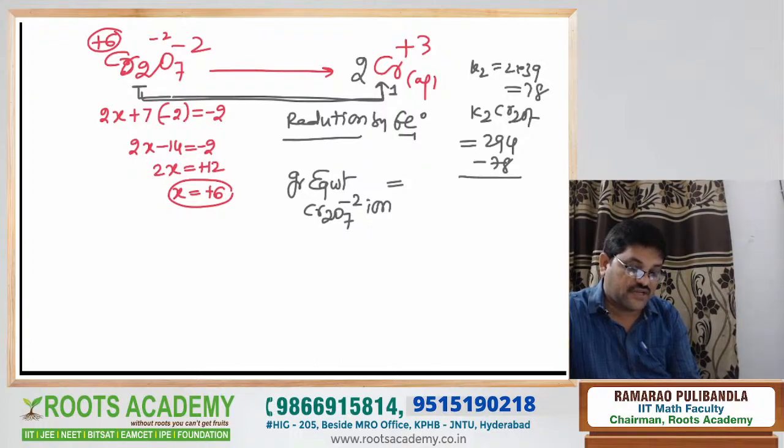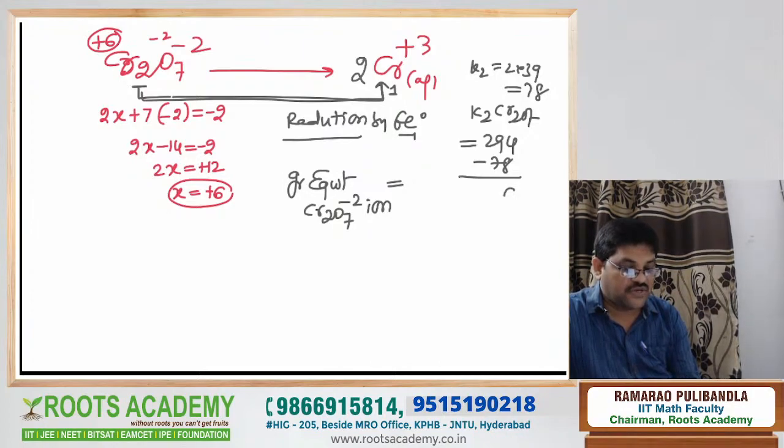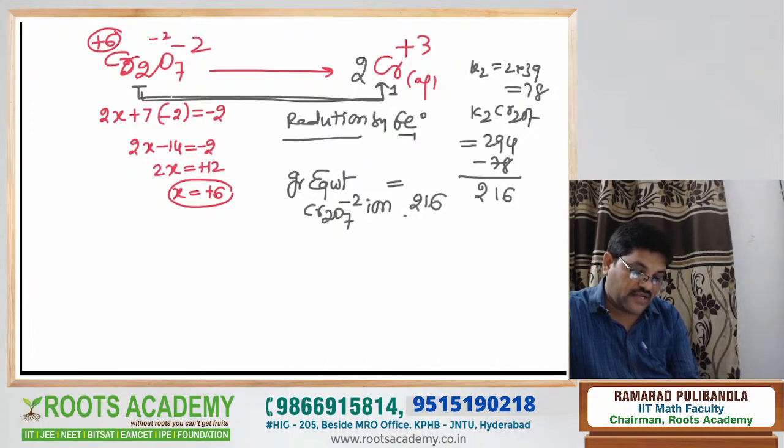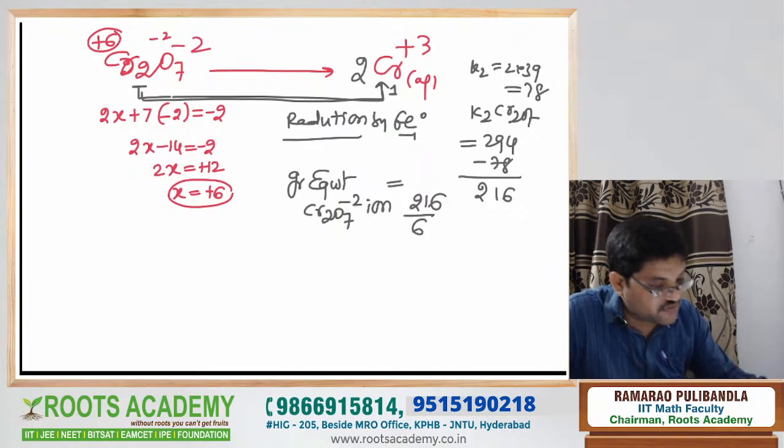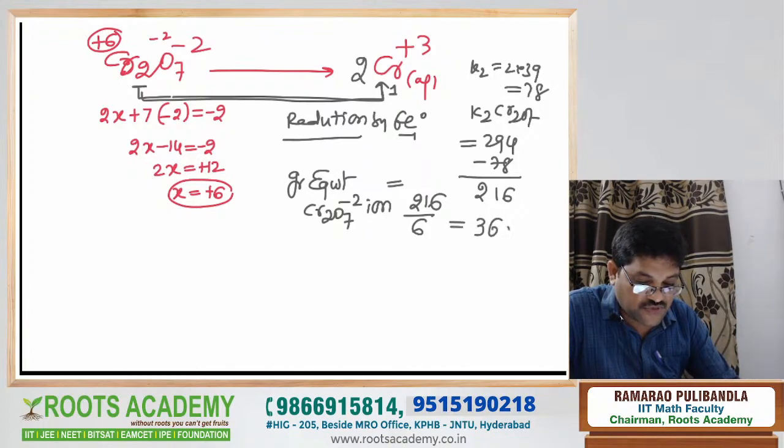On subtraction you get 216. Now write 216 by 6, the gram equivalent weight. 216 divided by 6 equals 36 grams.